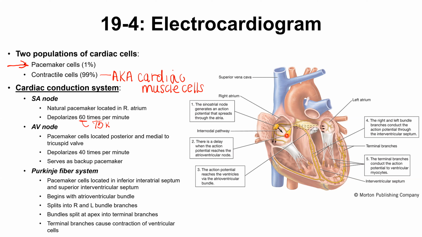The only difference being that the AV node pacemaker cells only depolarize, or they send action potentials at 40 times per minute. So if the AV node has to take over, this is what you're going to see in the patient. They are going to have a slower heart rate compared to normal. Okay, so we have the SA node firing its action potentials and then reaching the AV node.